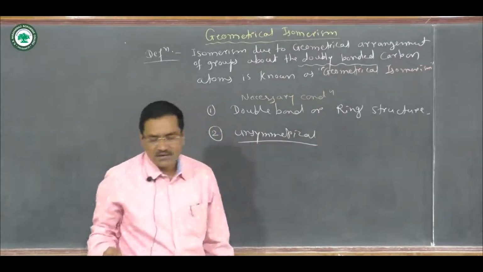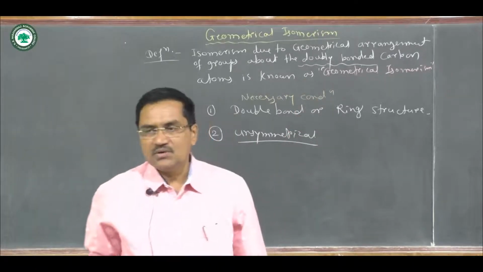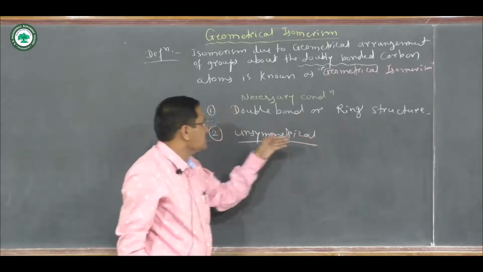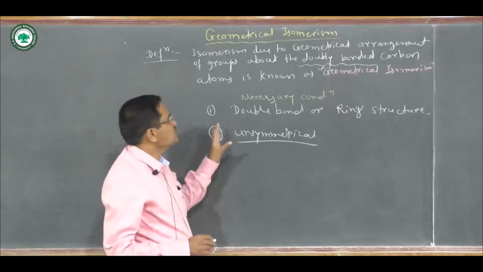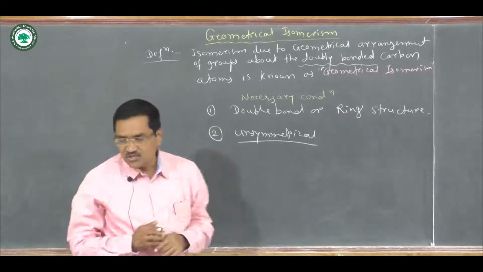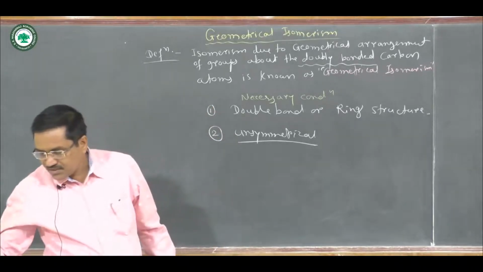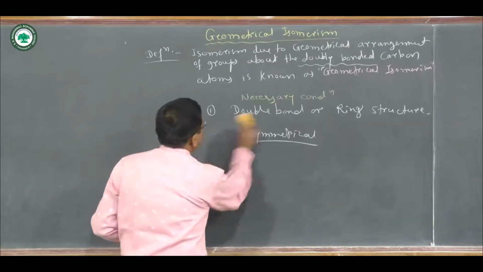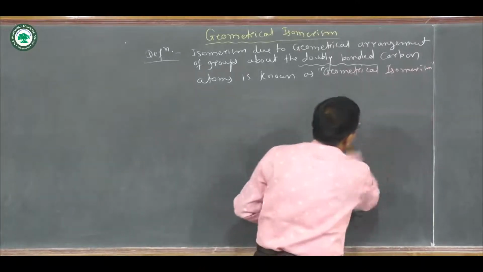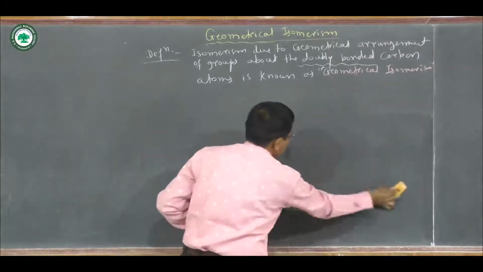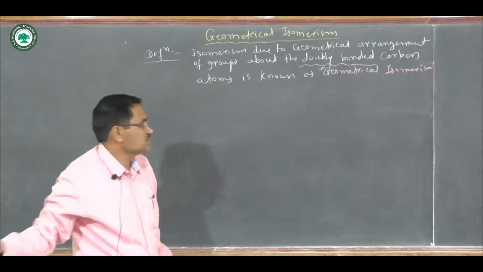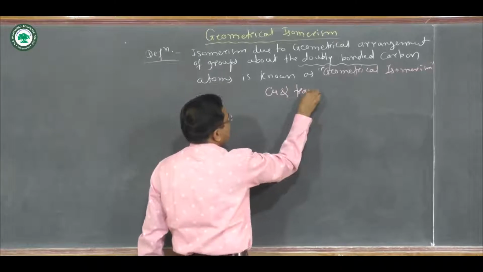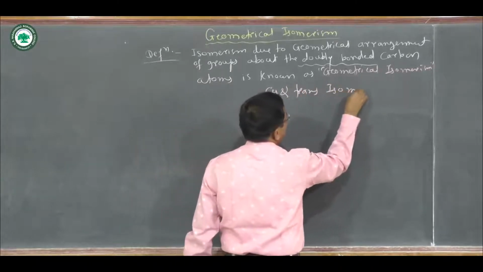Unsymmetrical means that a molecule having a double bond or ring structure with unsymmetrical substituents shows geometrical isomerism. Now there are two types of isomerism: cis and trans isomerism.